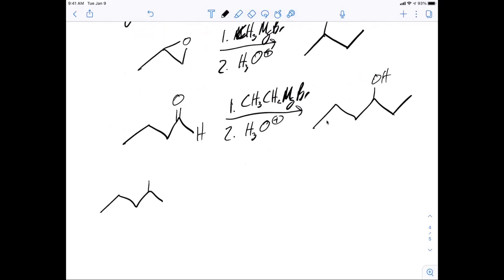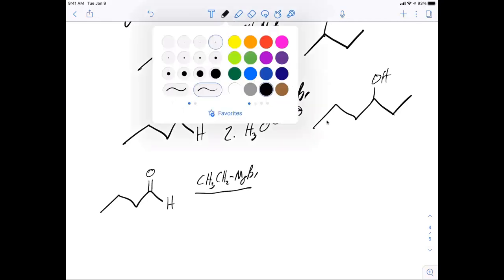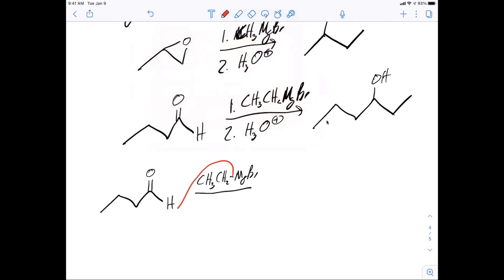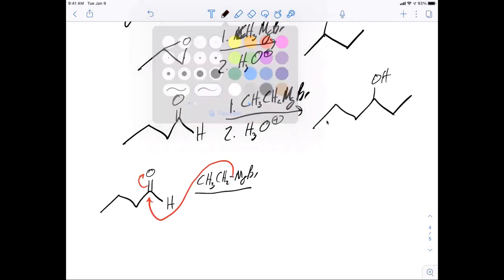So looking at the mechanism, this comes in and attacks there.